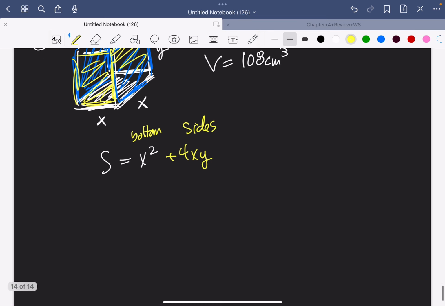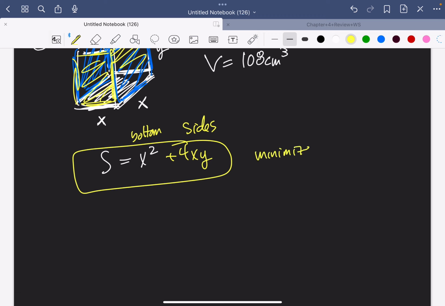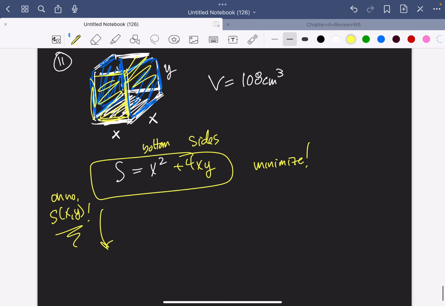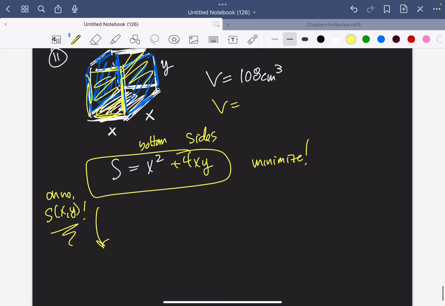So as of now, here's the function that we want to minimize, but we don't want to minimize it right now because S is a function of x and y, so we have to make some sort of a change. If the volume is length times width times height, it's just x squared y. That means 108 is x squared y.